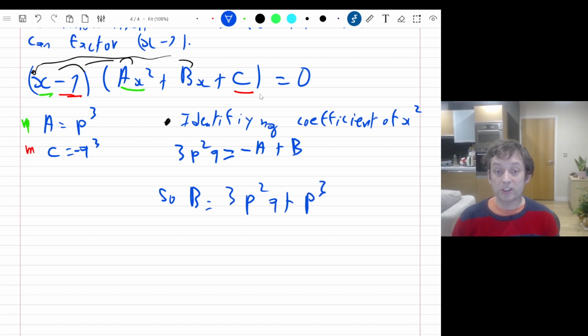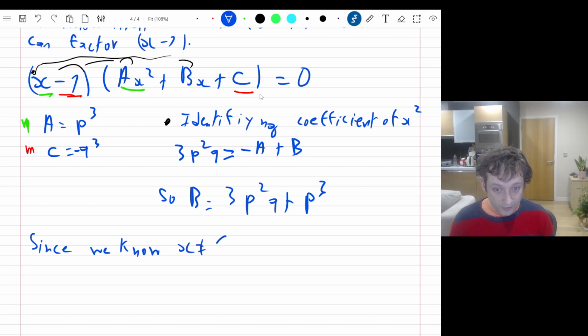Just checking my notes. So we have these three, which means since we know x is different from 1, we said it, we're literally in the domain where this doesn't happen, we have a quadratic. So that's going to be a bit easier.